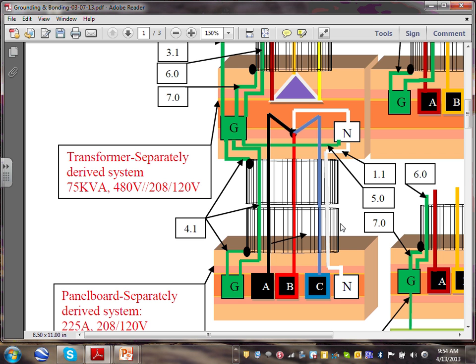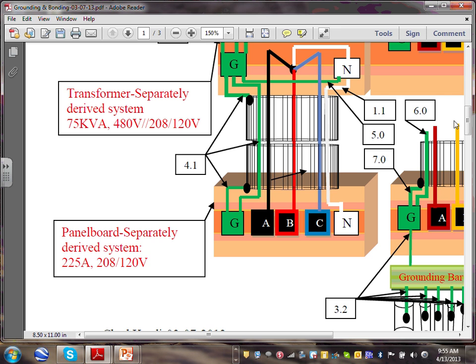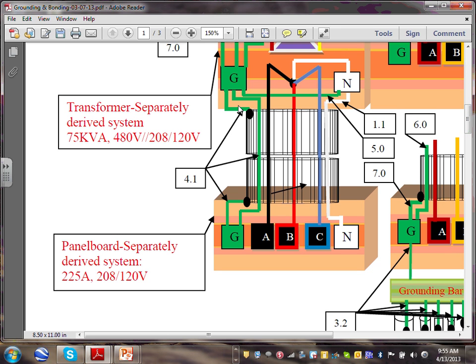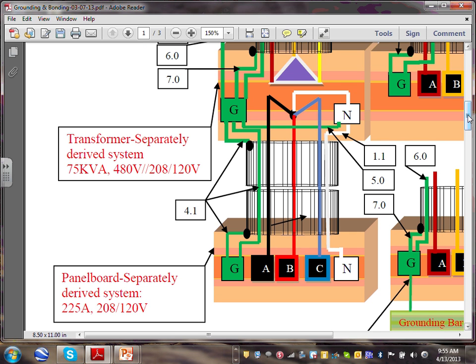1.2, that's also called grounded conductor, aka neutral, because I created a new neutral, right? That's 1.1, my neutral. Then you get into number 4.1, guys. 4.1, that's what I want to emphasize a little bit. This is also called supply side bonding jumper.